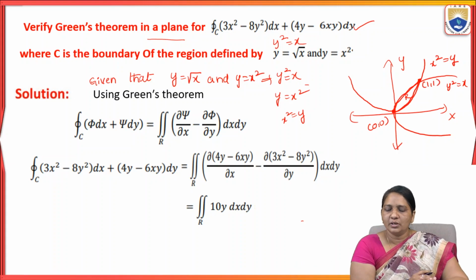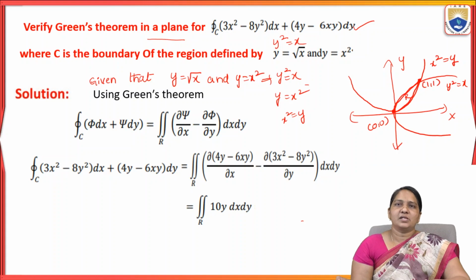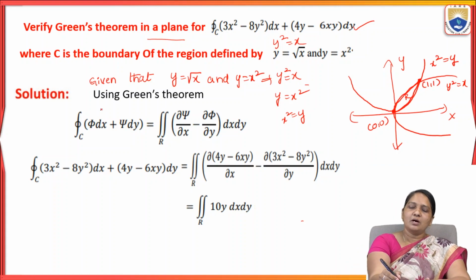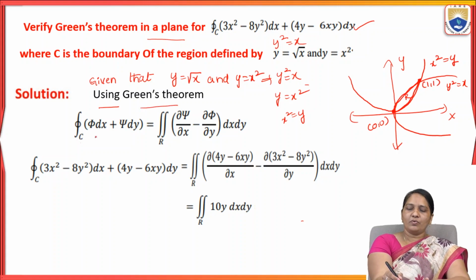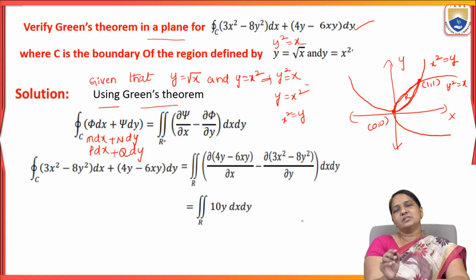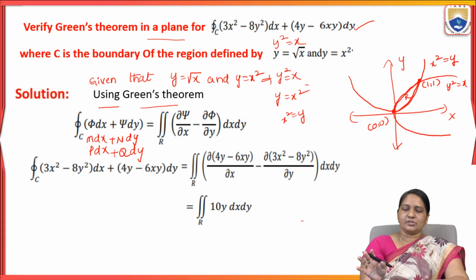Now what is the statement of Green's theorem? Otherwise, how can we calculate by using Green's theorem? Here using Green's theorem, the statement is: integral over c of phi dx plus psi dy, that means M dx plus N dy, otherwise you can take capital P dx plus capital Q dy. These three notations are the same, there is no difference.